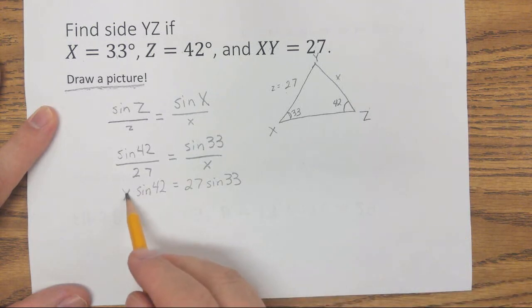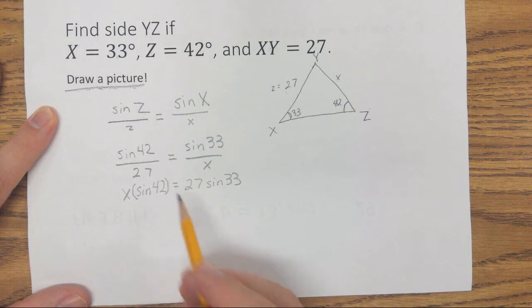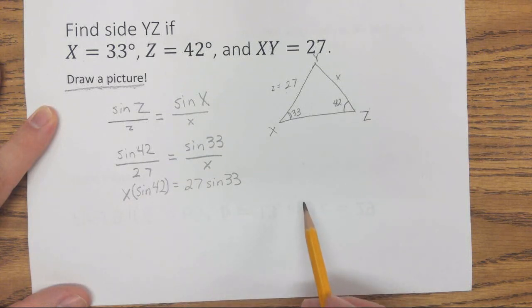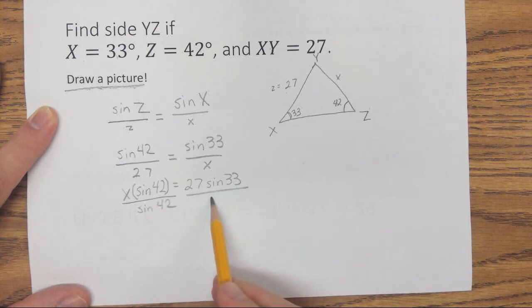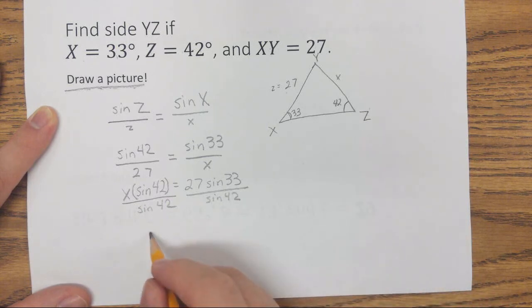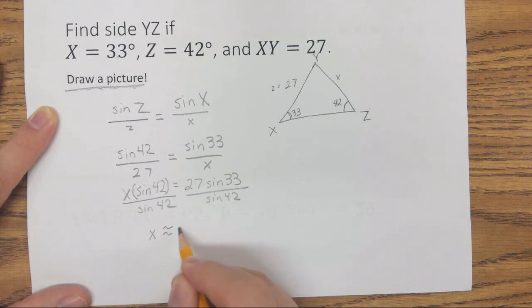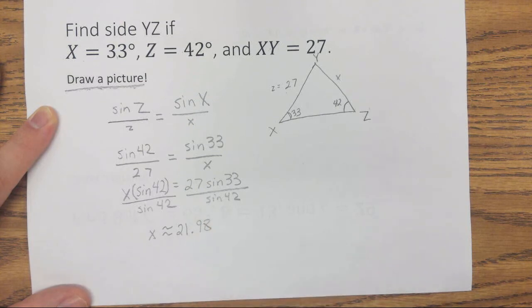Well, since this is X times the sine of 42, then I can divide both sides by sine 42. And since that's the case, then I end up with X being approximately 21.98. All done. How easy was that?